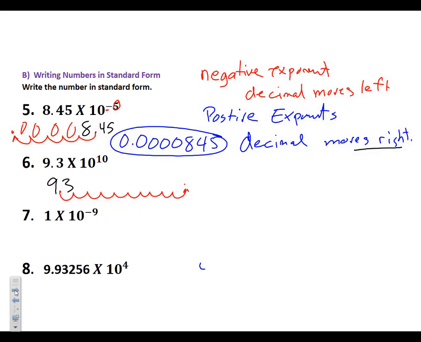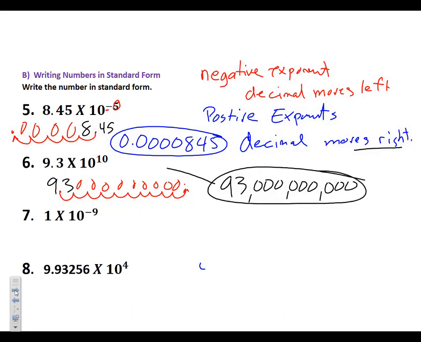Annex some zeros in there. So we have 93 and then 9 zeros. That's the answer to that. 9.3 times 10 is 93, what is that? Billion. 93 billion.